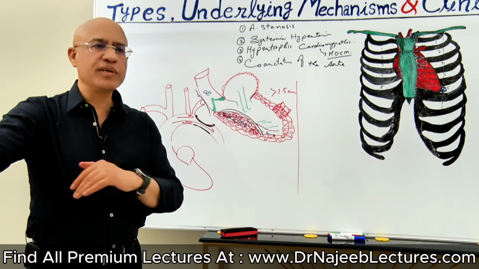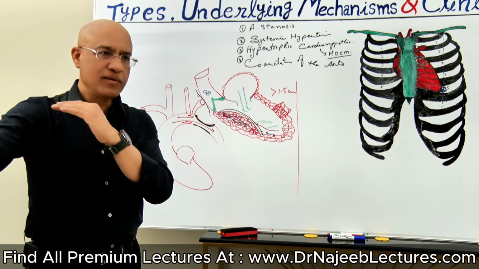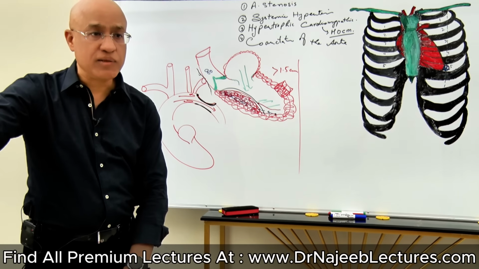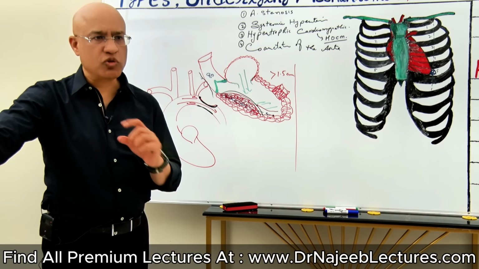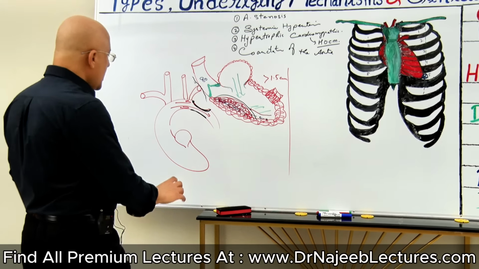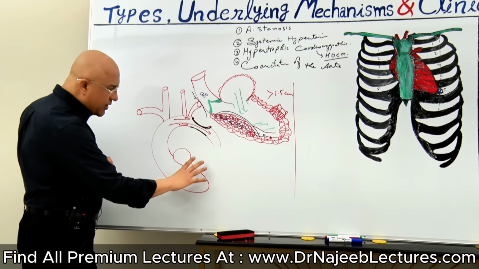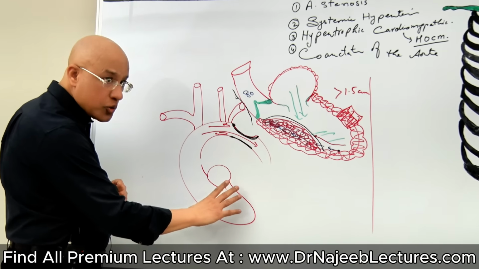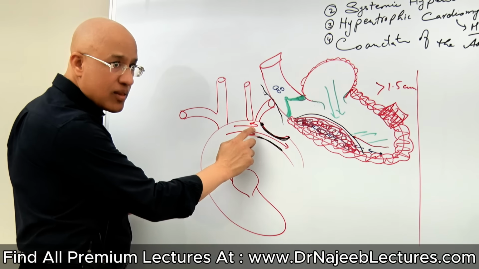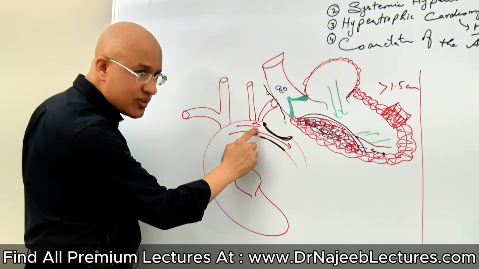blood pressure which is elevated in the upper limb and not elevated or less than normal in the lower limb. Is this difference systolic or diastolic? Answer is, actually, this is the left ventricle when it contracts. During the systole, it pushes the extra blood with extra force.